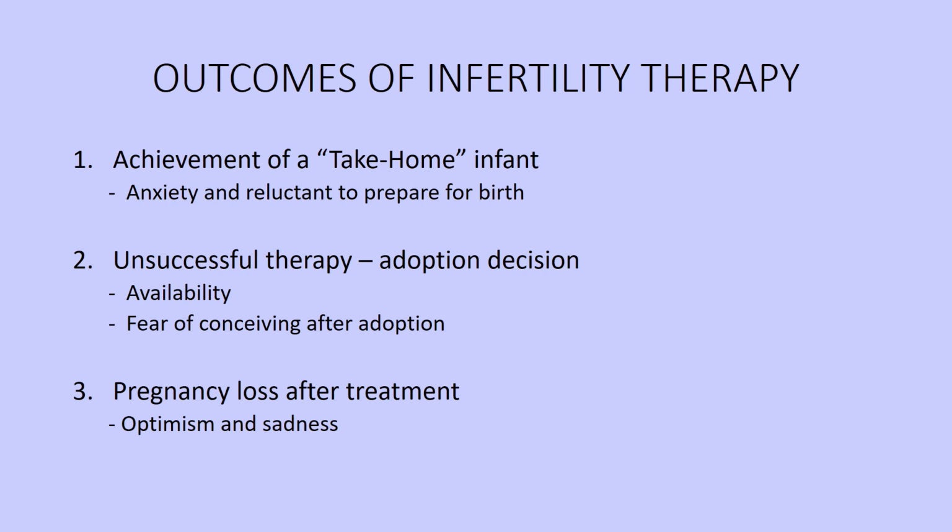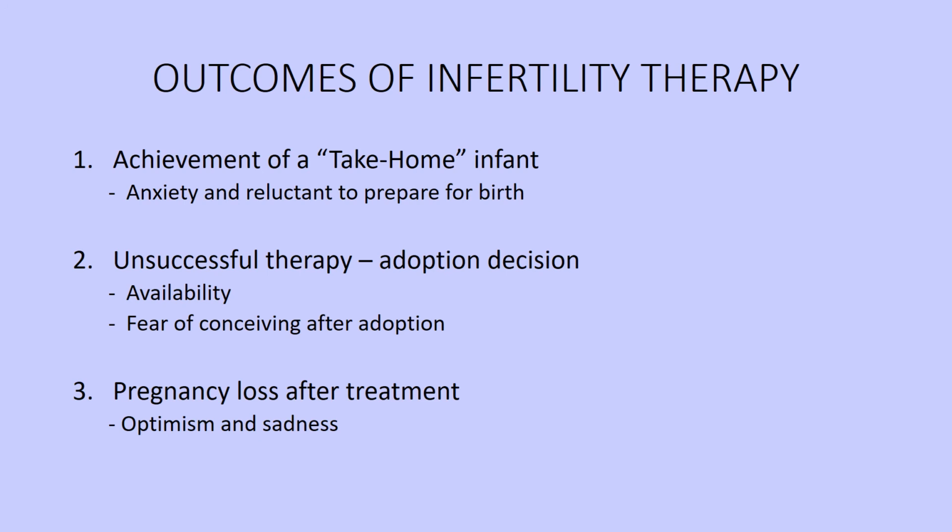They also could have a fear of having a successful conception after adoption, in which case they might worry that they will have two children the same age, and how are they going to deal with that financially and emotionally and physically? Or they could worry about not loving the adopted child as much as the biological child.